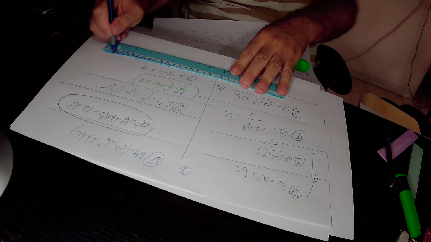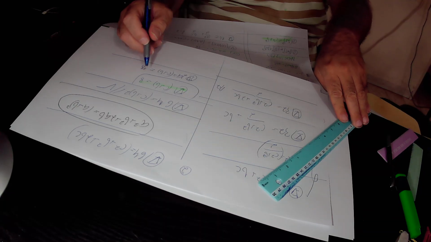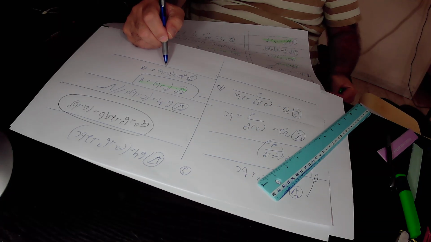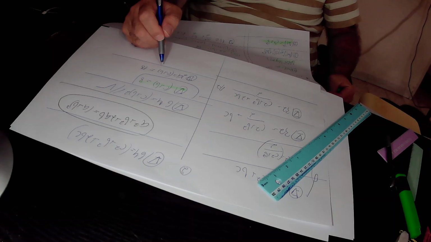But according to equation 5, c plus b equals 8. So we can substitute c plus b in equation 4 by 8.